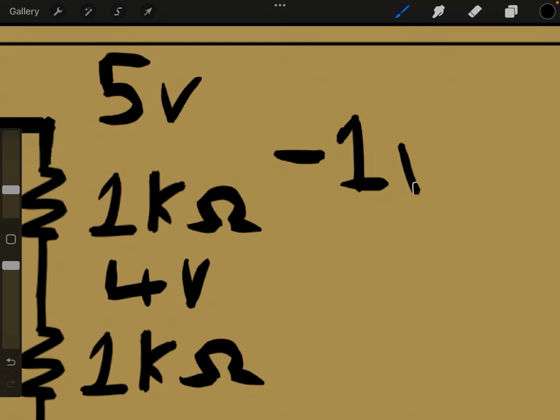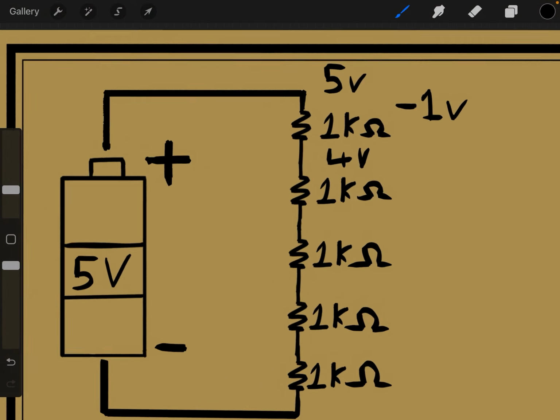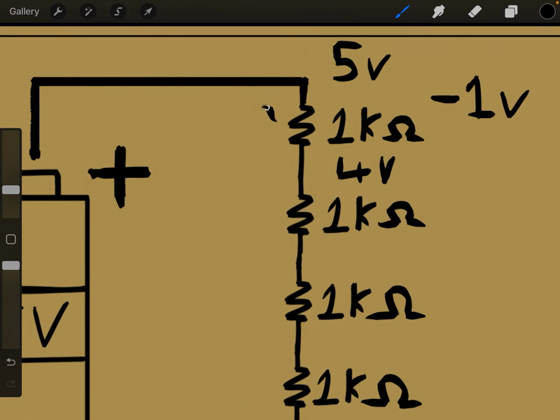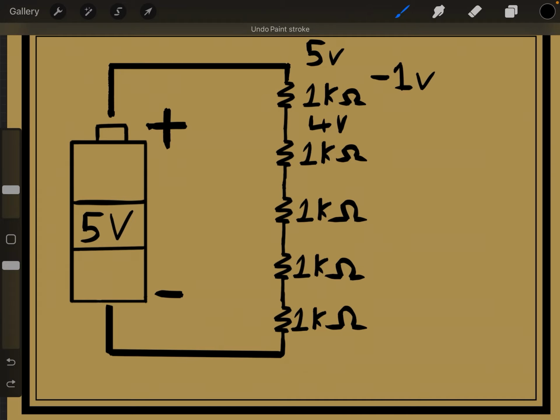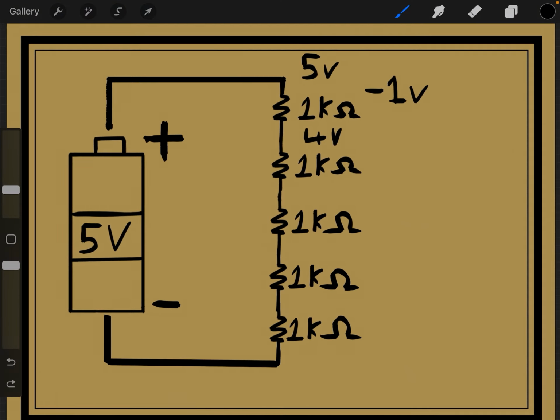What I hope you can gain from this video is an intuition of how voltage across resistors works. Because you have this potential energy that gets lost through these resistors. If you have 5 equal resistors and you know that the voltage must drop from 5 volts to 0 volts through those resistors, assuming that no voltage is lost through this almost perfect conductor here, right?